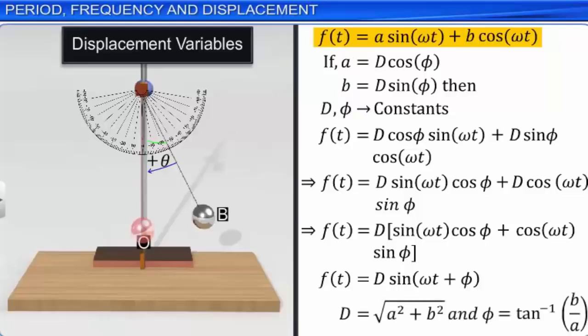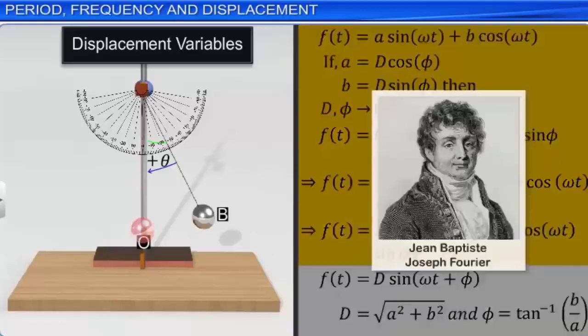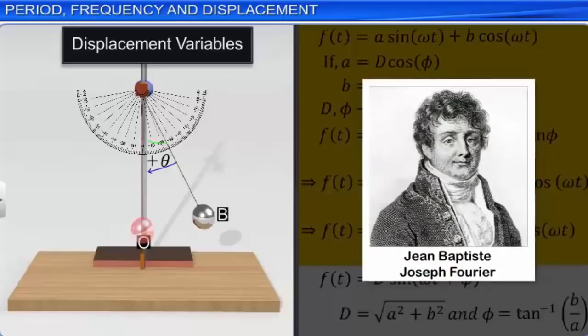We discussed a periodic function that is a combination of a sine and a cosine function. The importance of these two harmonic functions is due to the mathematical result proved by French mathematician Jean-Baptiste Joseph Fourier. According to the result proved, any periodic function can be expressed as a superposition of sine and cosine functions with suitable coefficients.